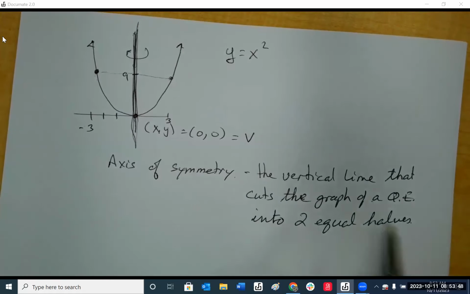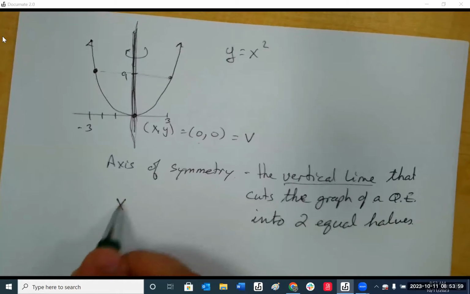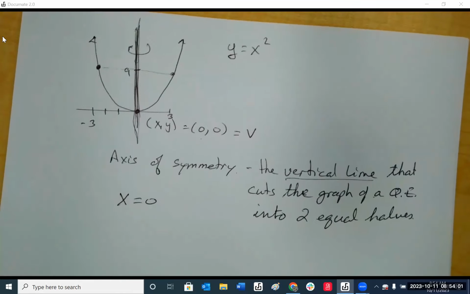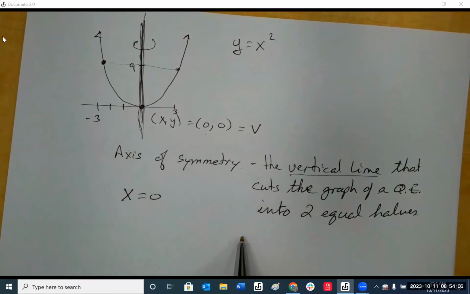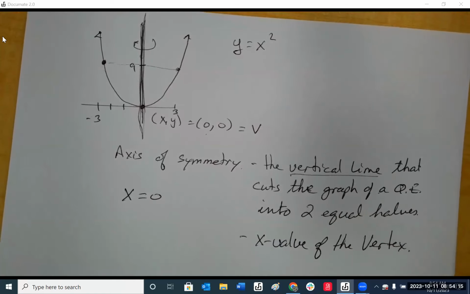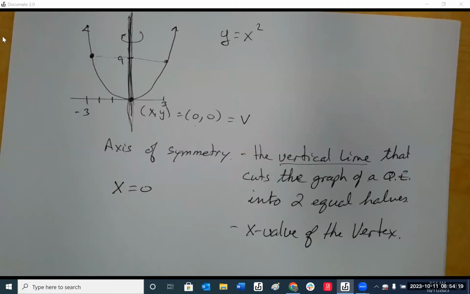Remember from chapter 1, if it's a vertical line, what's the equation of a vertical line? X equals something. So in this case, the axis of symmetry is x equals 0. So basically, the axis of symmetry is the x value of the vertex. That's the axis of symmetry.